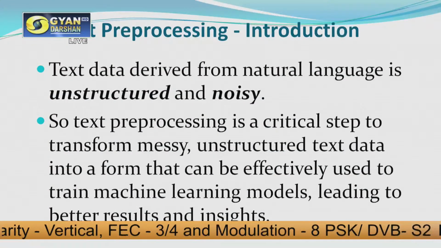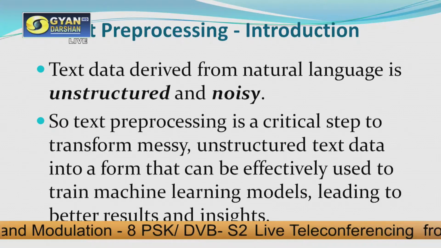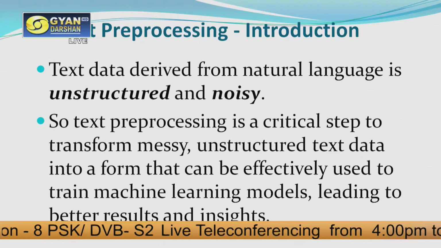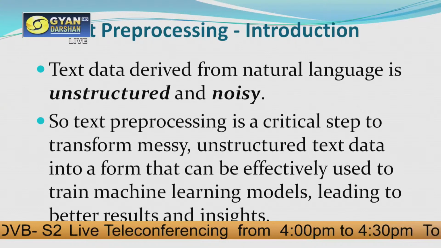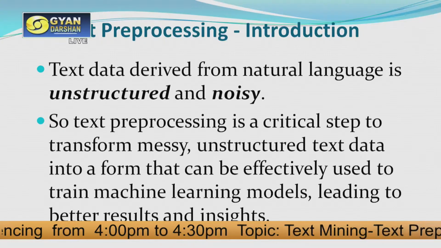Where is text pre-processing useful? The text data that is derived from the natural language that we speak is in an unstructured and noisy format. In order to reduce the noise in the data, we had already seen what kind of pre-processing techniques we were using for numbers, data and other kinds of things.